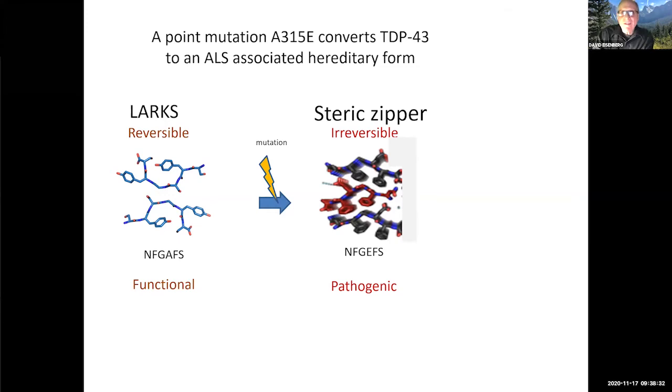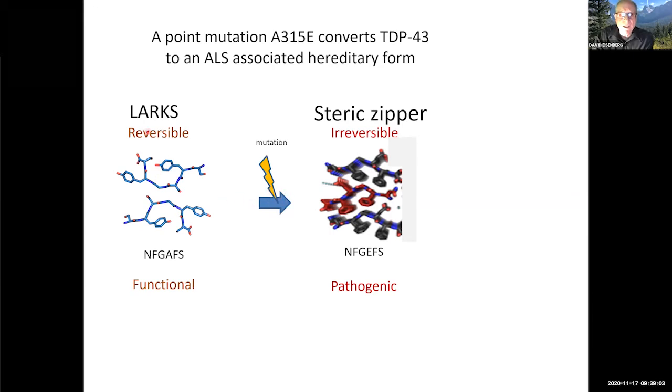Now, when we look at proteins like these, FUS, HNRPA2, and TDP43, we find that these proteins contain several steric zipper segments and also a bunch of LARC segments. And we found in one case that we've studied, TDP43, there is a LARC segment which has a known pathogenic mutation associated with the ALS category of diseases.